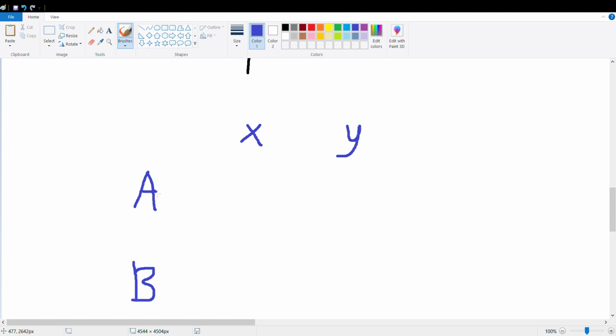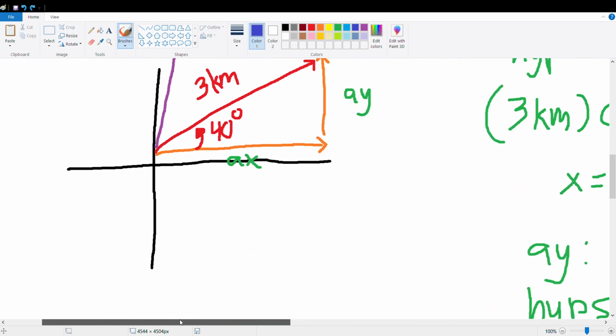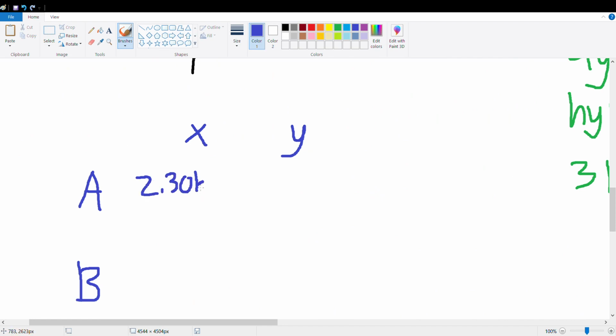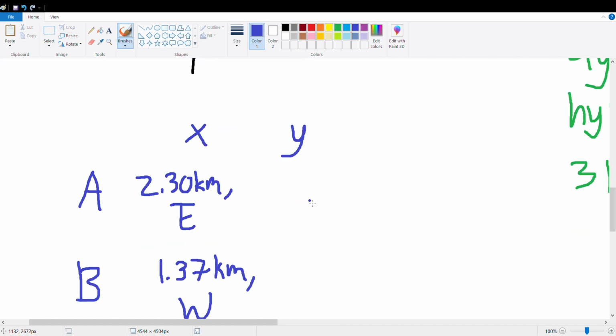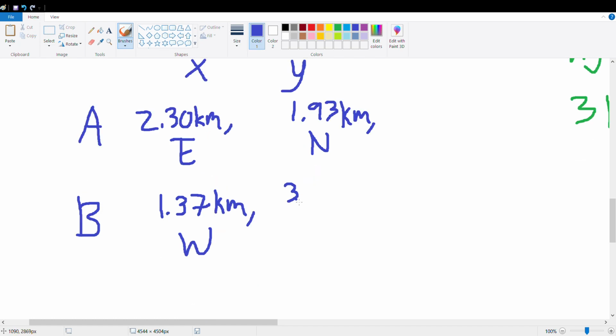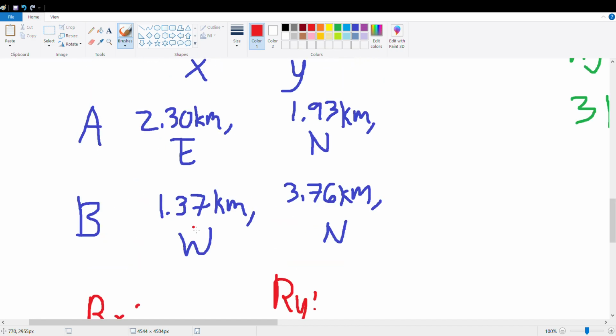So our AX is 2.30 kilometers east, and then our BX is 1.37 kilometers west, and then our AY is 1.93 kilometers north, and then our BY is 3.76 kilometers north.